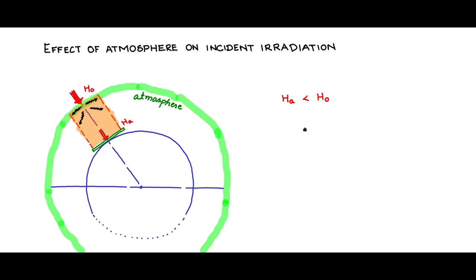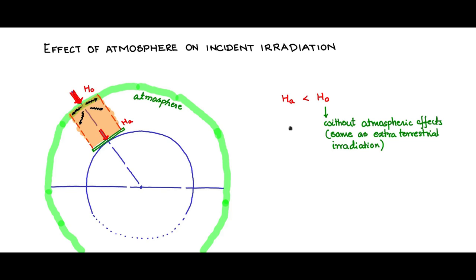H naught in kilowatt hour per meter square per day is the one without atmospheric effects, which we have already dealt with and discussed. There is no attenuation due to atmosphere, and this is same as the extraterrestrial energy or the incident insolation that is occurring at the outer atmosphere or outside the atmosphere of the earth.